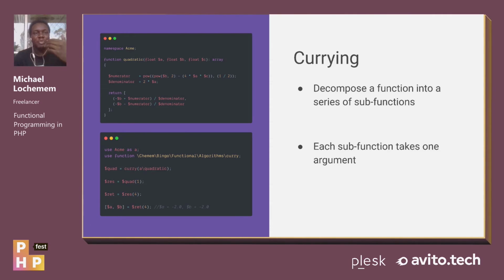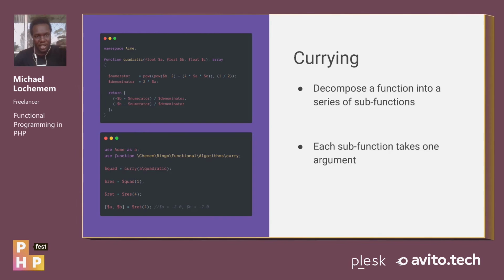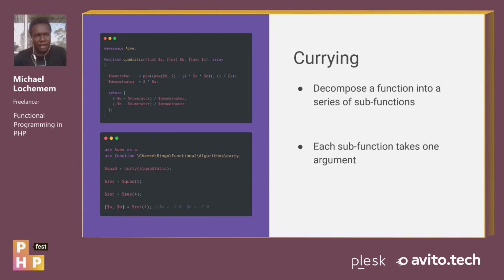I can do that on a piecemeal basis. So I still have the underlying operation, which is performing a quadratic equation, but I just decompose that function into a series of subfunctions that each take a single argument. So currying is great if you want to defer function calls. It's a really nice approach to doing that.